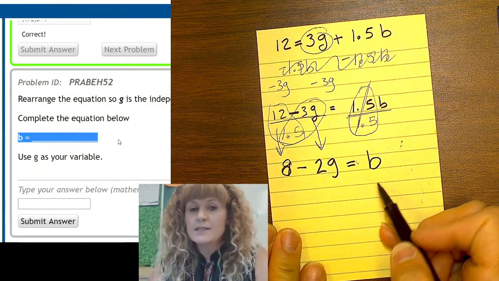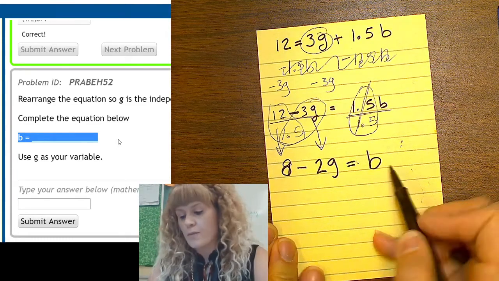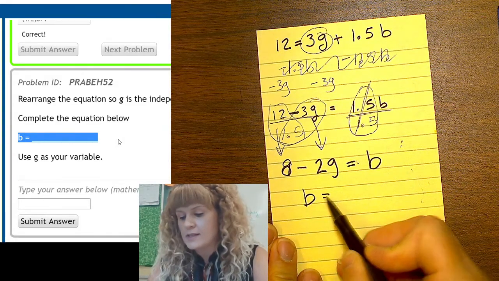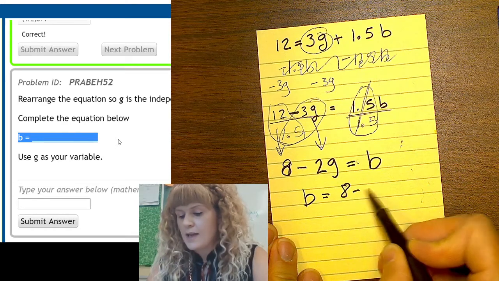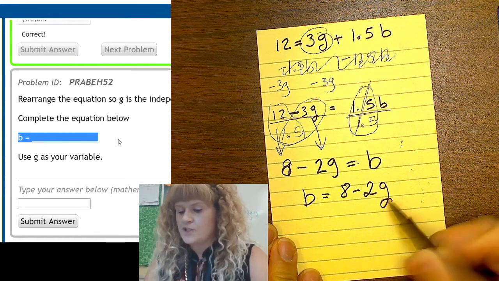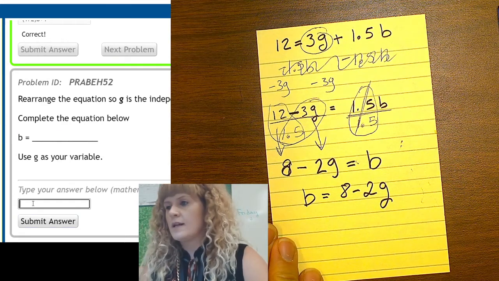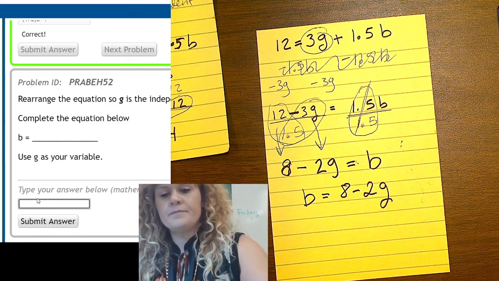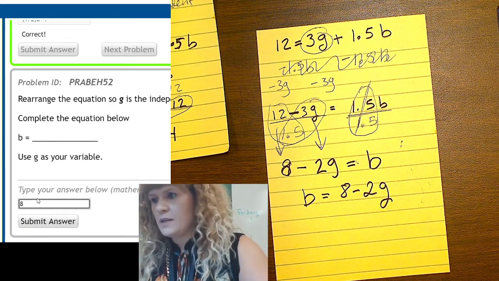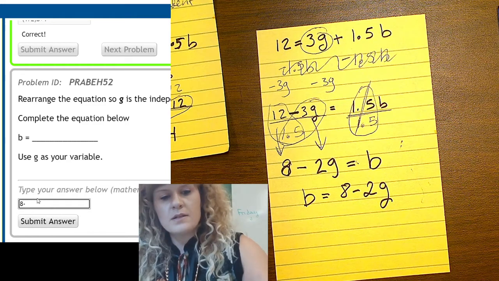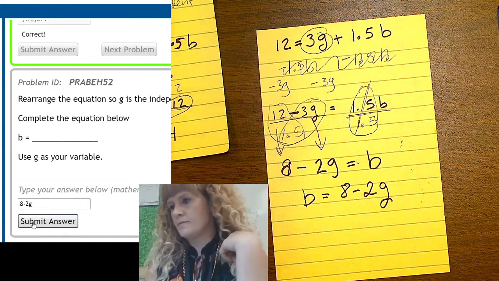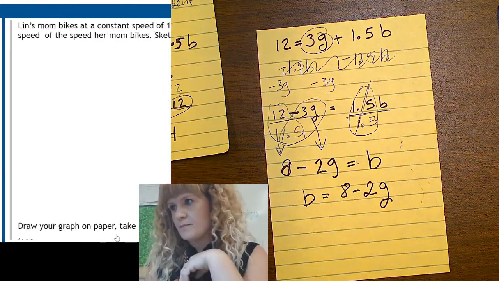Now, I said it doesn't matter that b is on the right side, because I can rewrite this as b equals 8 minus 2g. Okay, let's see if I got it correct. b equals 8 minus 2g. Good.